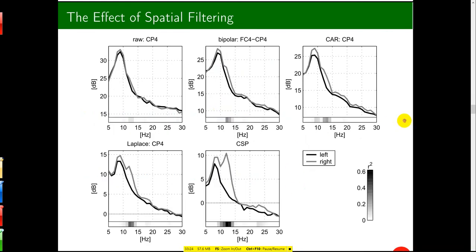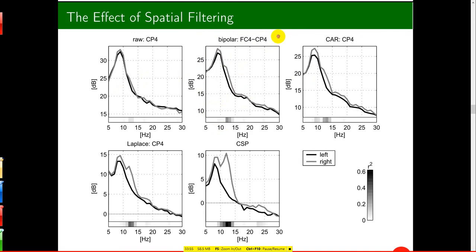Okay, now let's assume that we have applied these four different types of filters to the original raw CP4 channel. When you do bipolar subtraction of FC4 and CP4, you have some small effect on both cases, left and right.